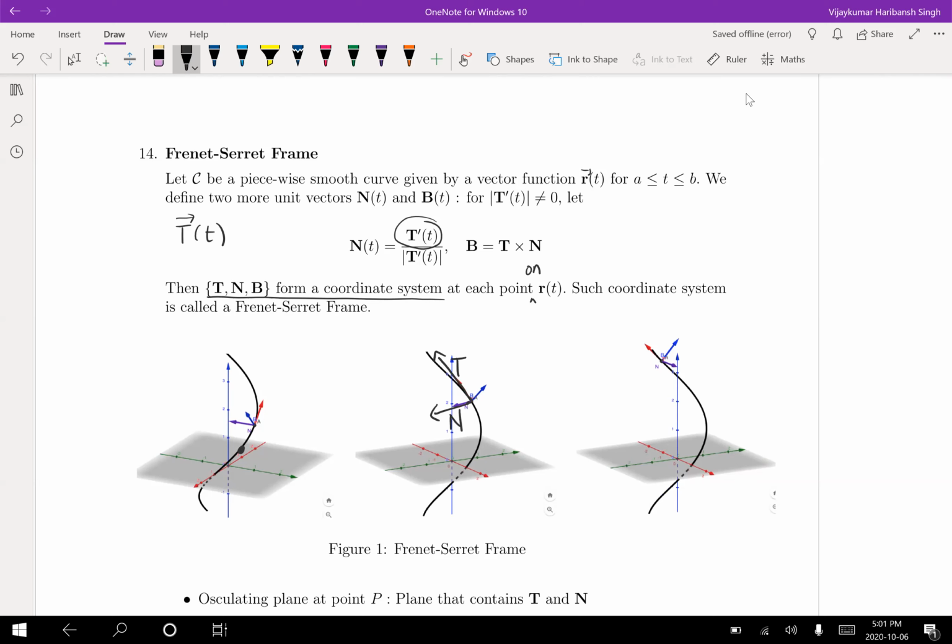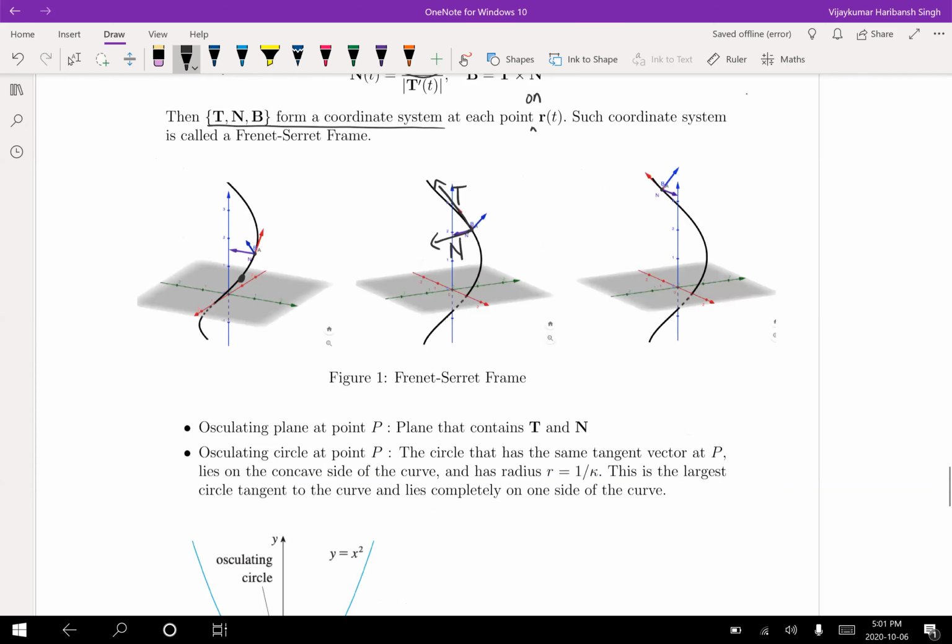Then the binormal is given by T cross N. It's basically given by the cross product. So these are the three vectors, and at every point they are giving a coordinate system.